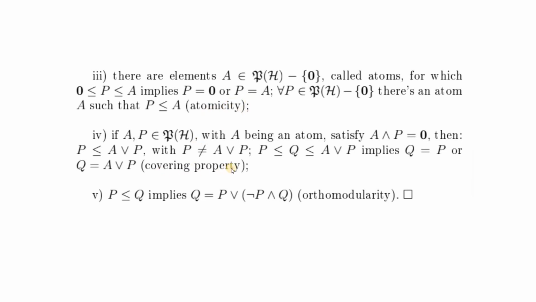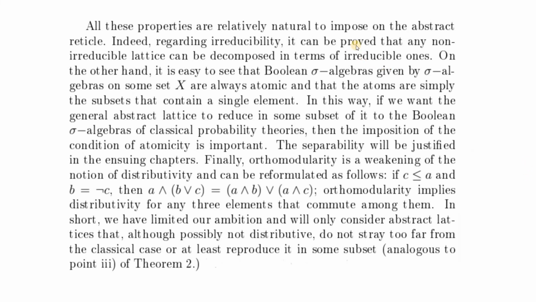This is called the covering property, and this one is called orthomodularity, and this one will be the most important. You can see orthomodularity, without my explaining it in detail, as a weakening of distributivity. So we are indeed exploring abstract non-distributive lattices, but ones which are very close, or perhaps weakly non-distributive, because we will impose this orthomodularity property.